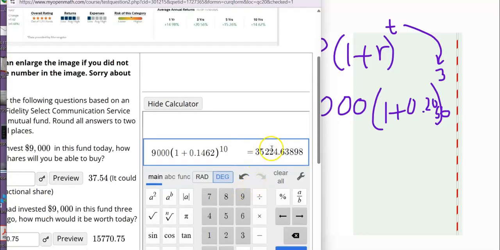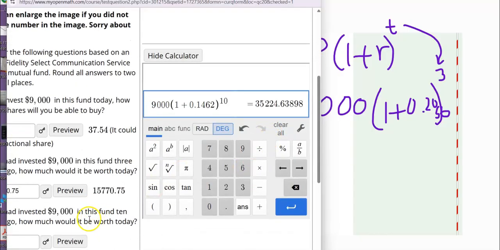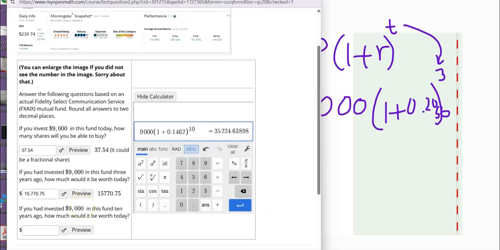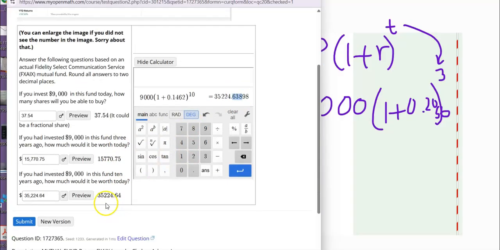So it will be $35,224.64. Remember that 638 gives you 64. So it could have been this much if it had been invested 10 years ago. So that's the answer to this question.